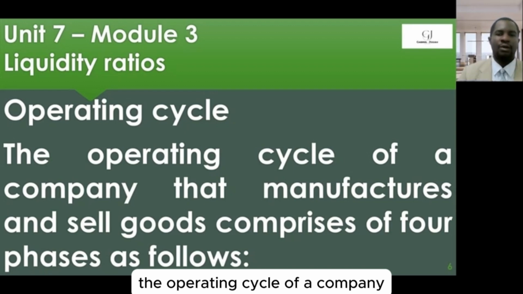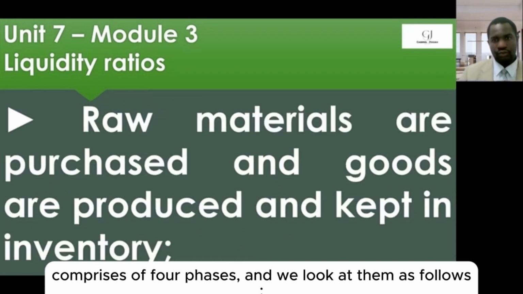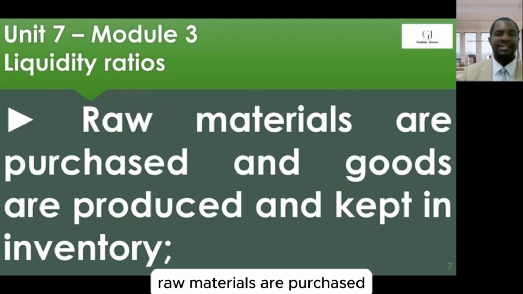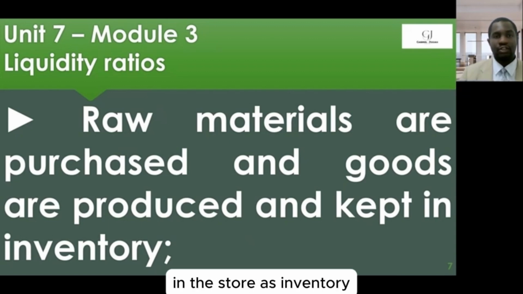The operating cycle of a company that manufactures or sells goods comprises 4 phases, and we'll look at them as follows. We have the raw materials stage. We also have purchases. That means raw materials are purchased and goods are produced and kept in the store as inventory.